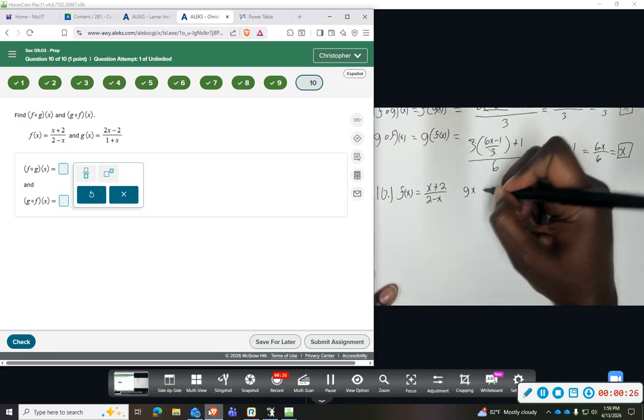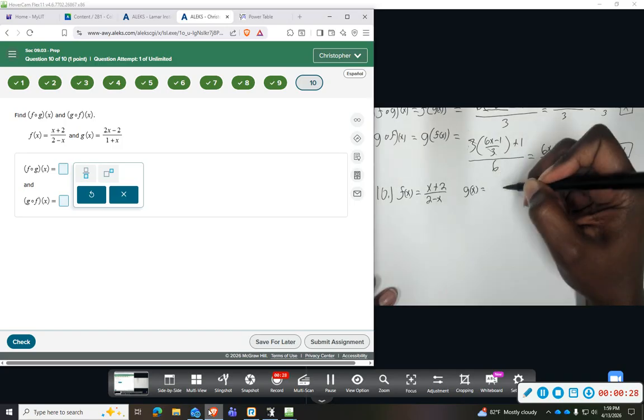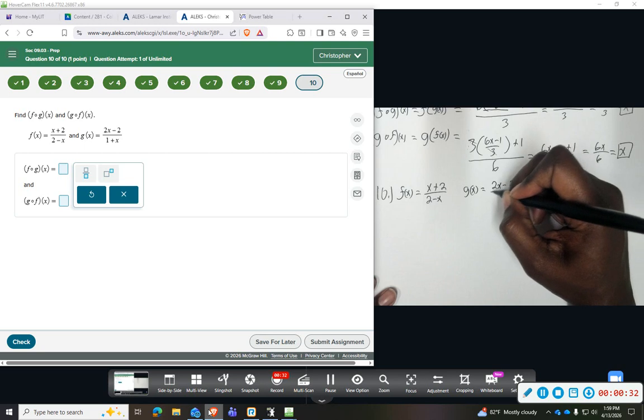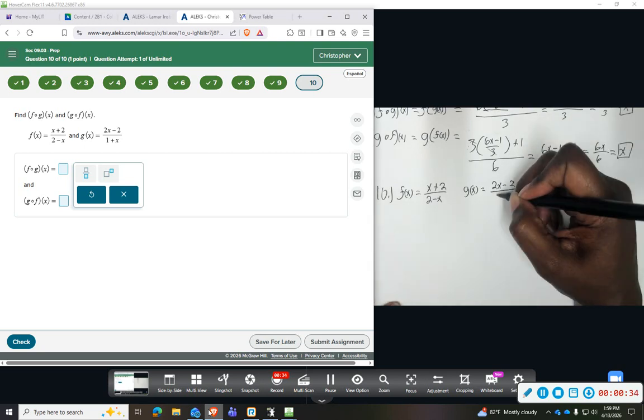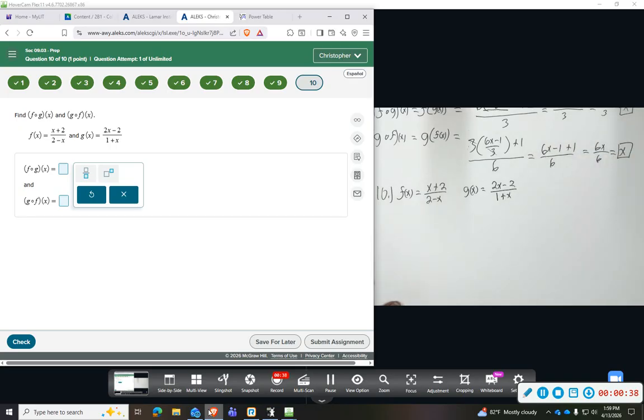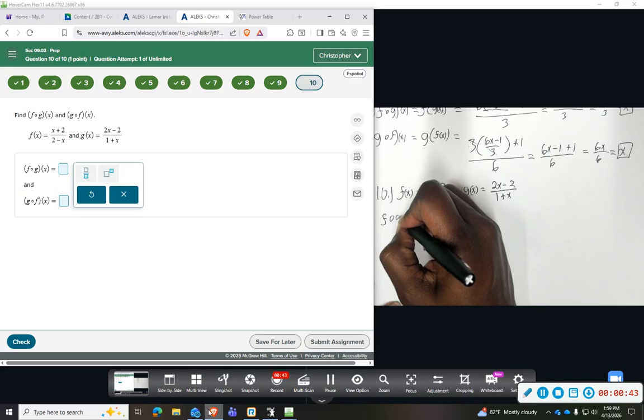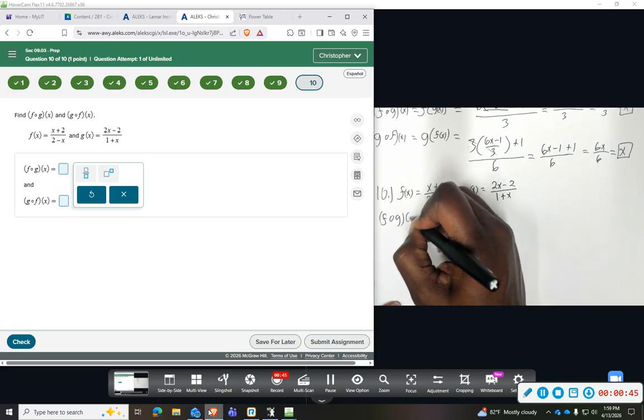G of x is given as 2x minus 2 over 1 plus x. And we want to do f of g of x.